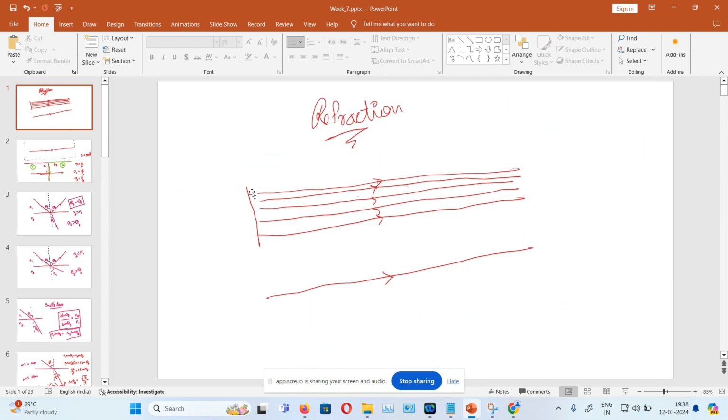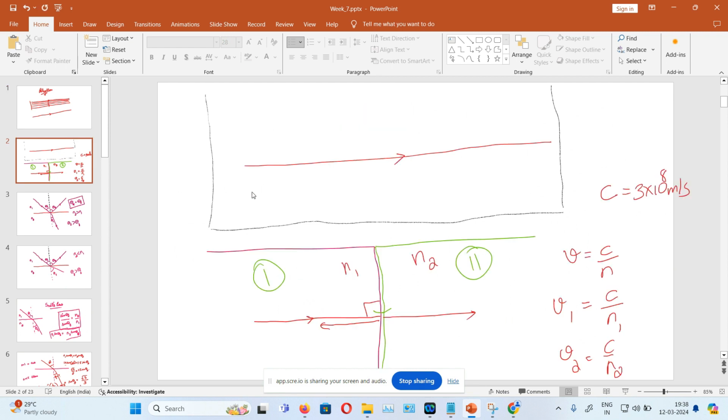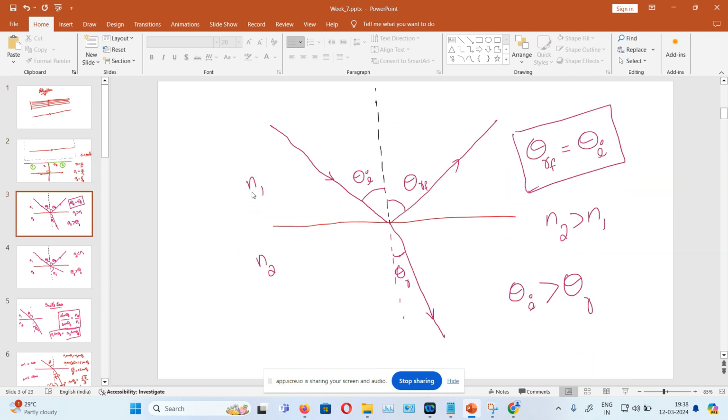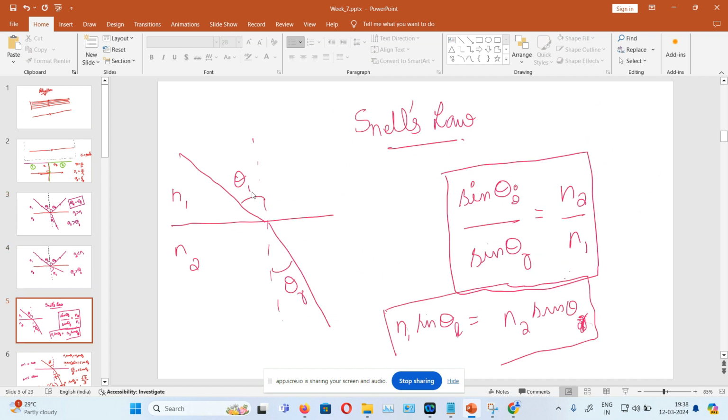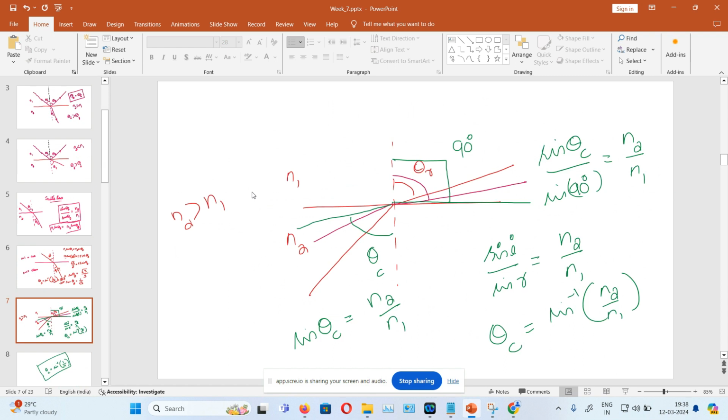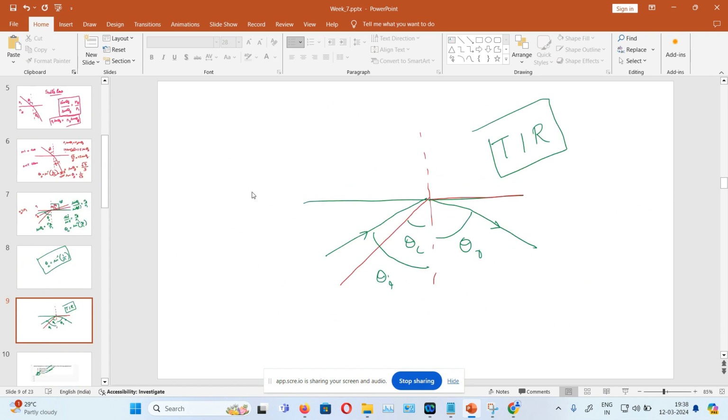These are the topics we covered today. We started with refraction, the different laws of refraction, and what happens when light goes from denser to rarer or rarer to denser, and how it bends.